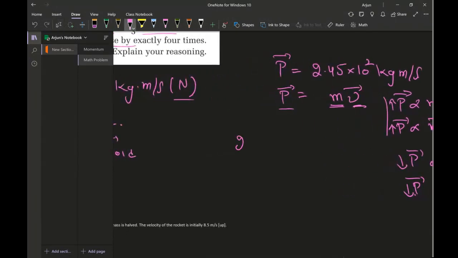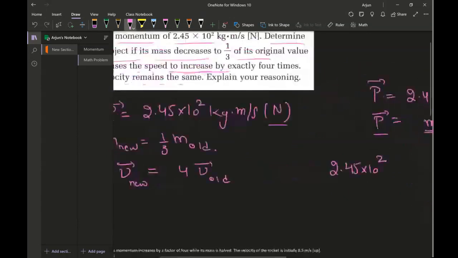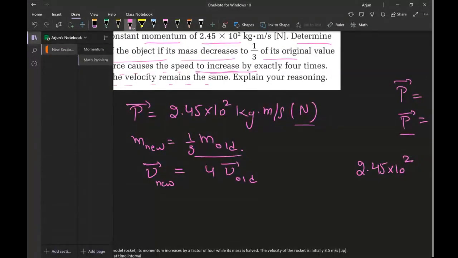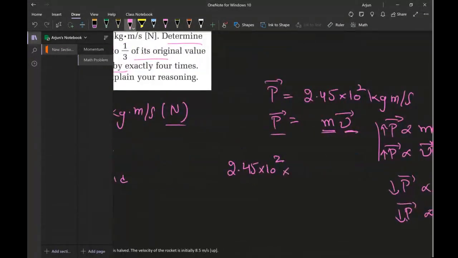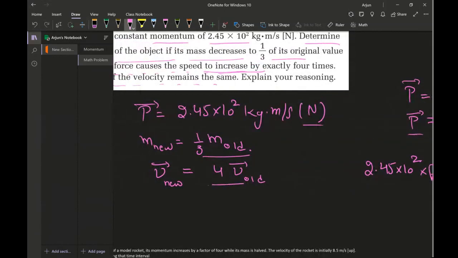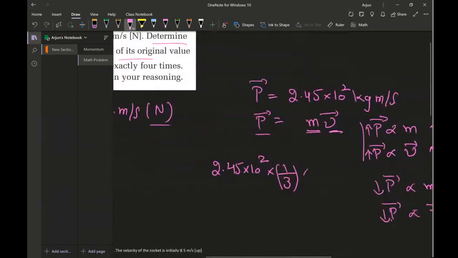The momentum is 2.45 times 10 raised to the power 2, and the new mass is one third of the old mass. So I'll directly multiply it with one third, and the new velocity is 4 times the old velocity, so multiply it by 4.